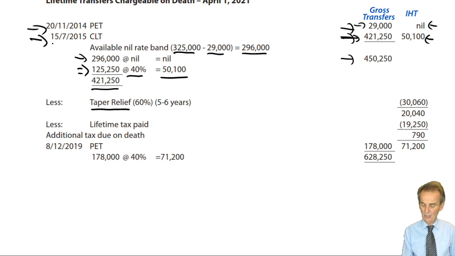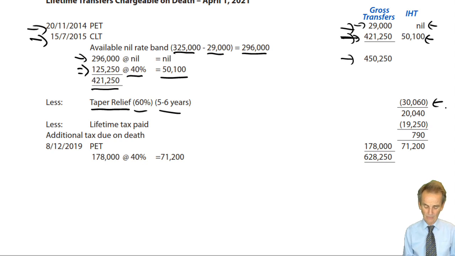July 15, so July 16, 17, 18, 19, 20, 21, had lived for 5, doesn't live for 6 years, between 5 to 6 years, therefore 60% level of taper relief. Deduct that from your original tax charge calculation.